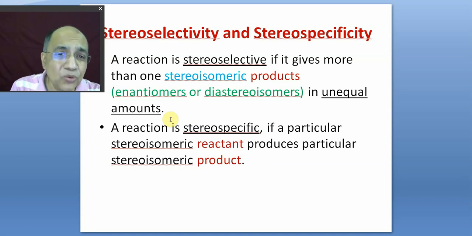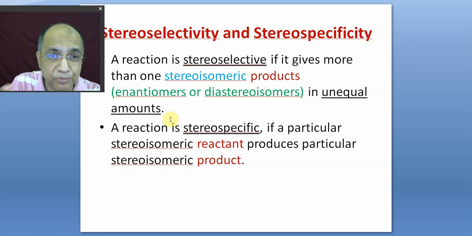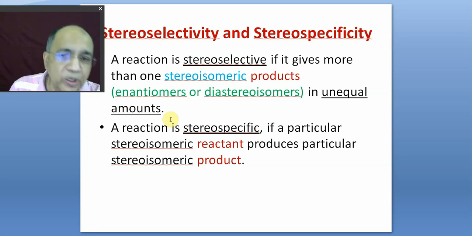Or the two are diastereoisomers, cis-butene or trans-butene. You get a mixture of cis and trans, but trans is at a higher percentage. So that is called a stereoselective reaction, where you get two stereoisomeric products but in unequal amounts.